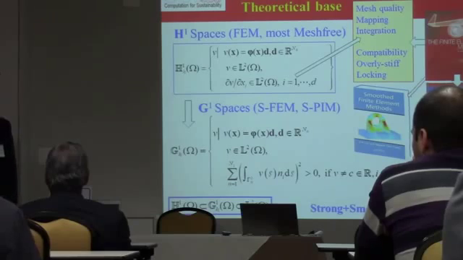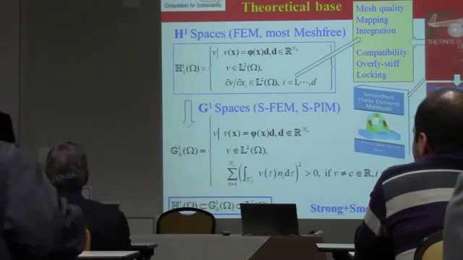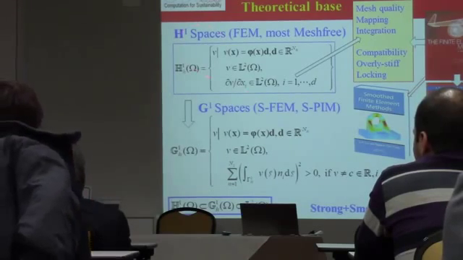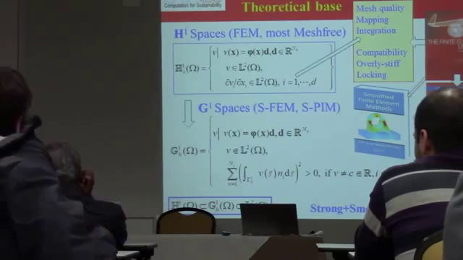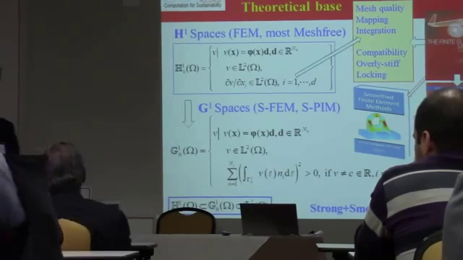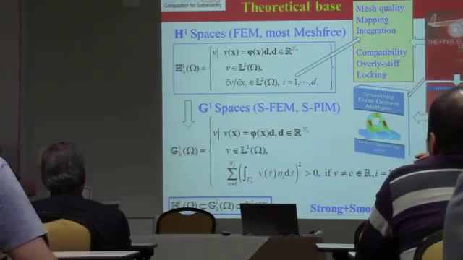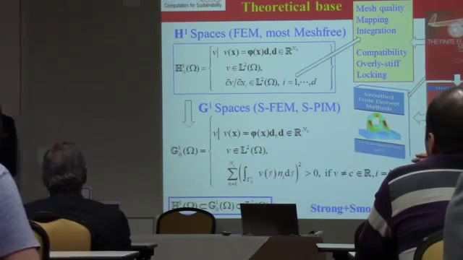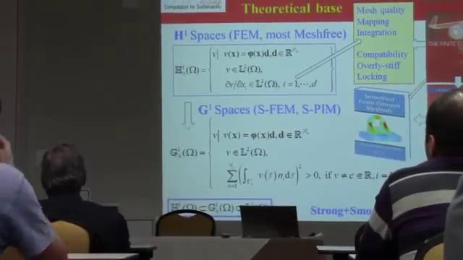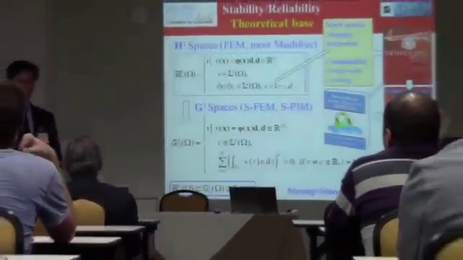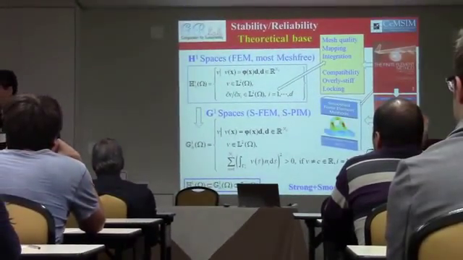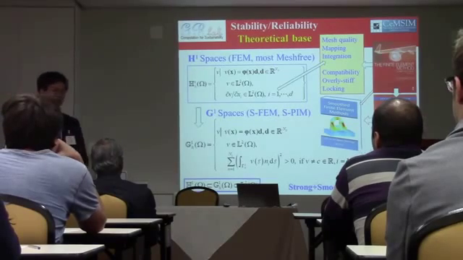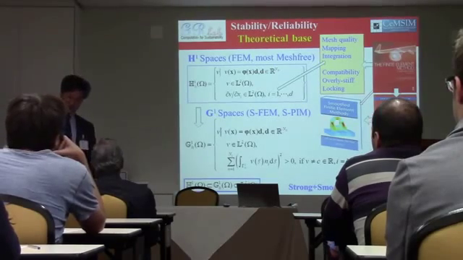I'm looking for a particular solution that satisfies the weak statement for all the functions from this particular space. Once you get that done, you get the system equation, you solve it. Because of these conditions imposed, we know the stiffness matrix is going to be positive definite, therefore I will always get a solution, and that solution will always be unique. And we have mesh refinement, making sure that the solution is going to approach the exact solution.